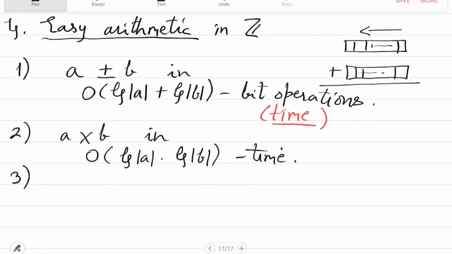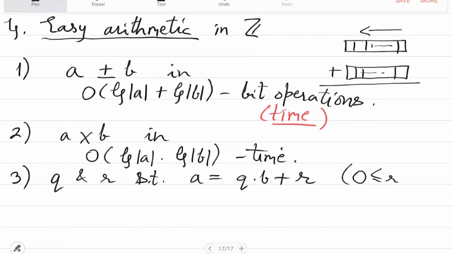Okay, so addition, multiplication, and finally division. So you have to do long division. You want to find Q and R, quotient and remainder, such that A is equal to Q times B plus R, where R is smaller than B.